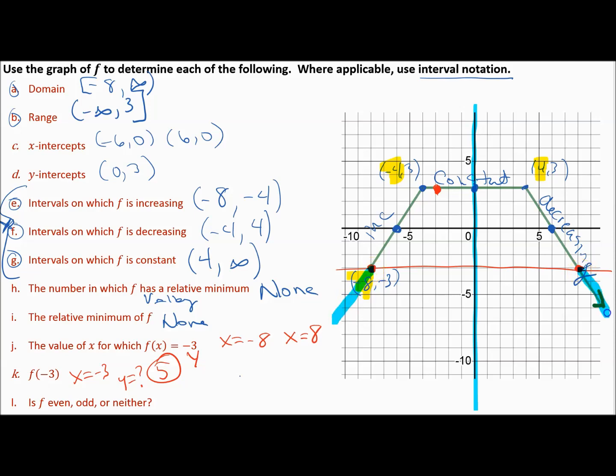This part that extends out here doesn't exist over here, and that means none or neither. It's not even nor odd. It was almost even. If I built a graph that kept going down like this, then you would have an even function. But since that doesn't exist right there, then you have a neither function.